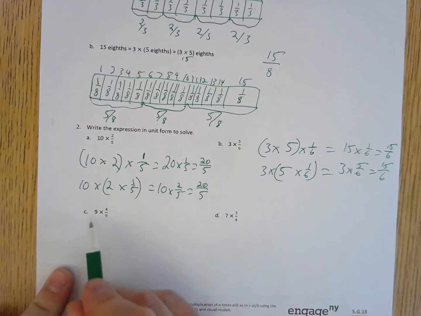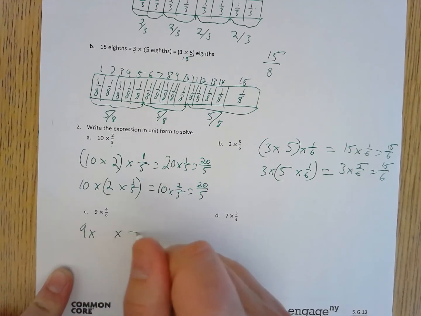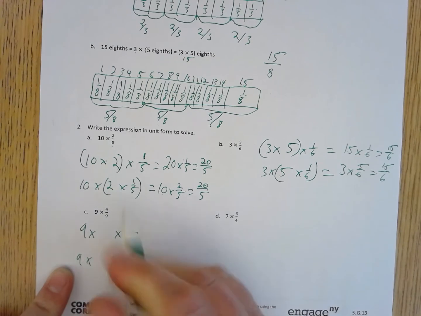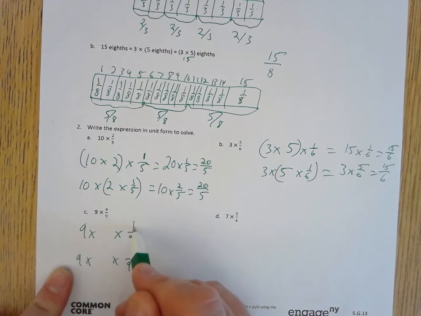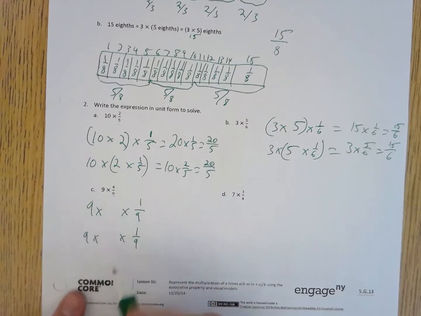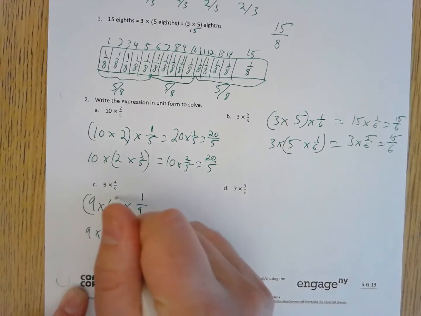Do one more over here like this. So now we have 9 times something. Our fraction part size is ninths. So what can we multiply 1/9 by to get 4/9? And that will be 4. It's just our numerator. Okay?